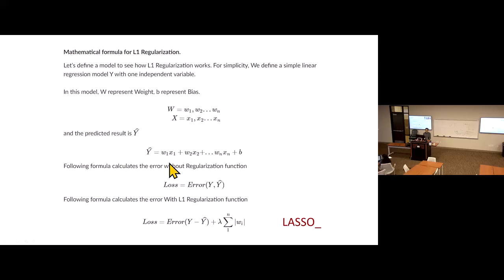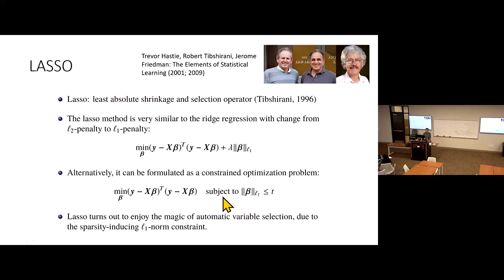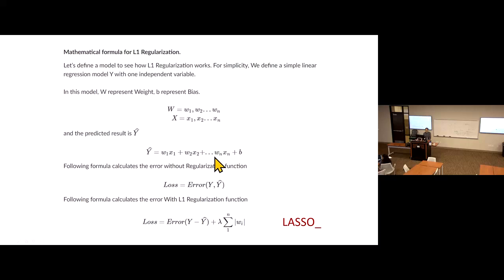Okay. So what they did is to add an error term in the loss function. This error term is related to the L1 norm of the beta values. So remember, that's the expression. They put this extra term here. This is called the regularization term.